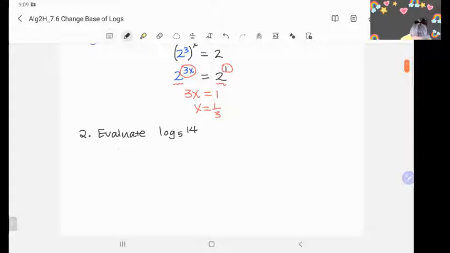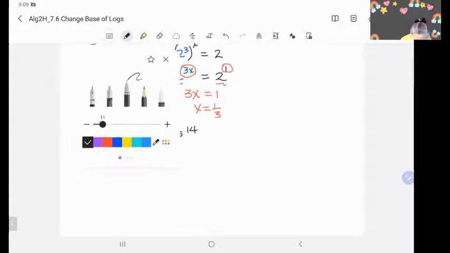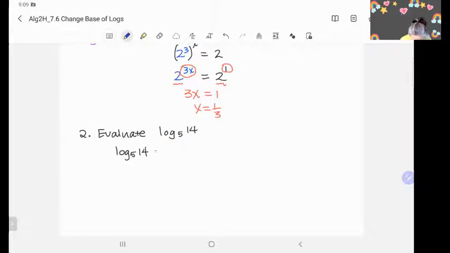So let's rewrite it here, log base 5 of 14, and then I set it up with x. Then I will convert it. So now 5 is the base, and this x becomes the exponent, and then 14 goes on the other side.